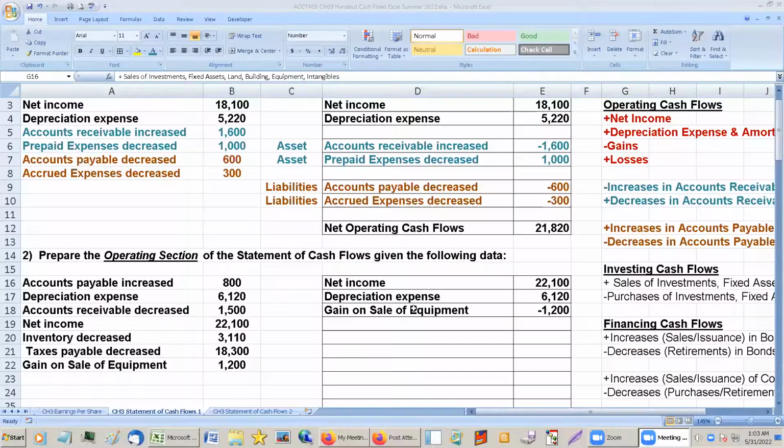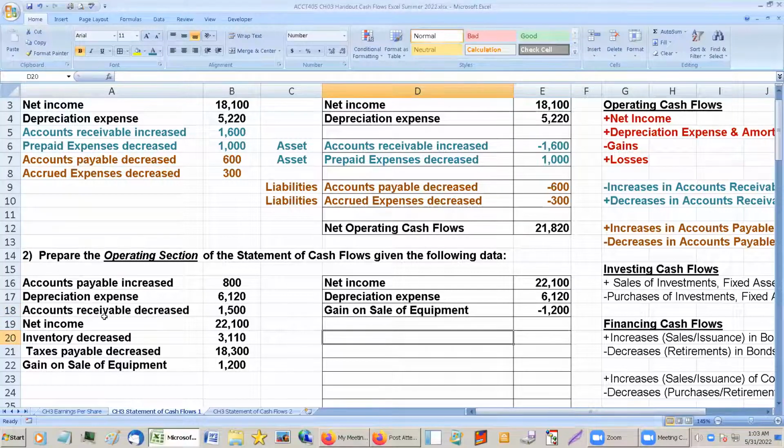Gains and losses come about because of sales of long-term assets, and those will be in the investing section. So we're subtracting that one because we're going to take it out of the current section and put it in a different section. That's why it's being reversed out.